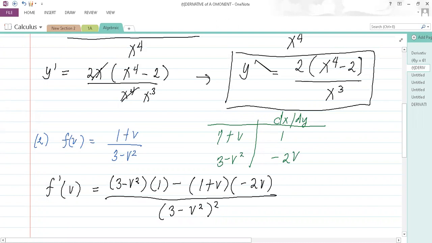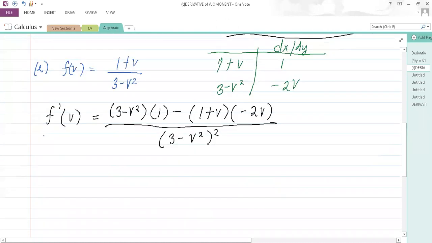Okay, so we can simplify our equation. So f prime, that is equal to 3 minus v squared times 1 is 3 minus v squared. Okay, so negative 1 minus ito, negative 1 times negative 2v, that is plus 2v. Okay, so minus plus ito, magiging minus yan. So negative v multiplied by negative 2v, that is plus 2v squared.